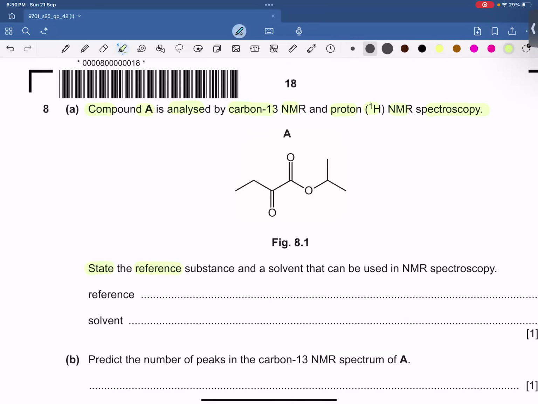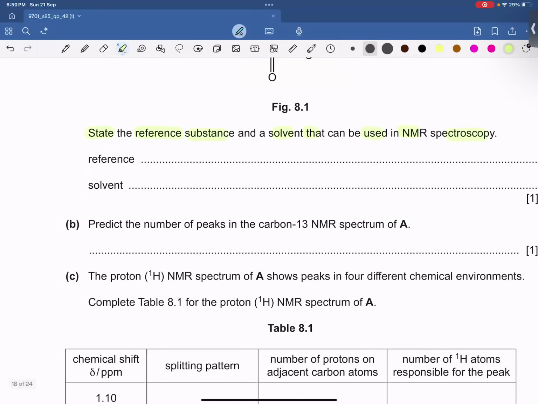State the reference substance and a solvent that can be used in NMR spectroscopy. Well, we have told you tetramethylsilane is used as an internal reference. In short, we can say TMS. This internal reference is used to calibrate the apparatus, okay?